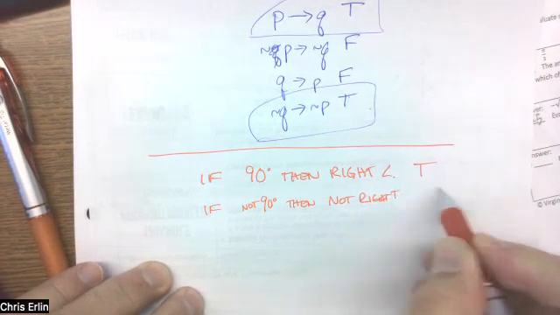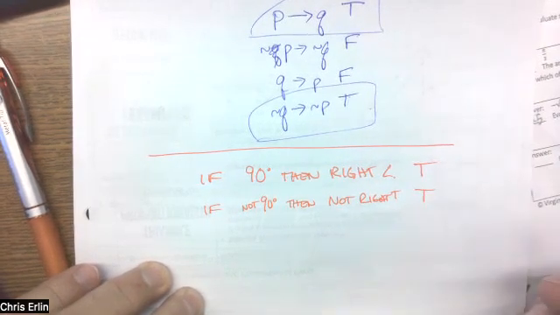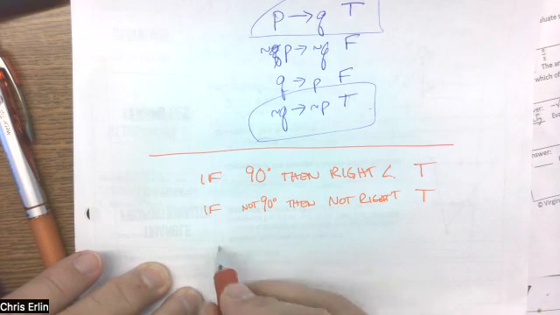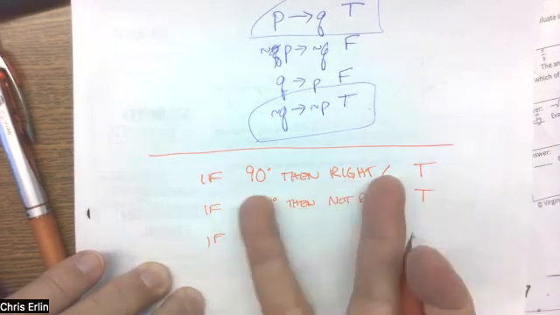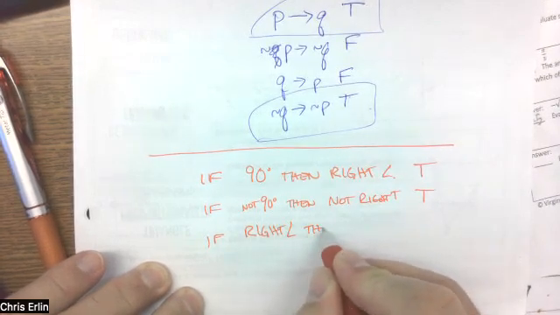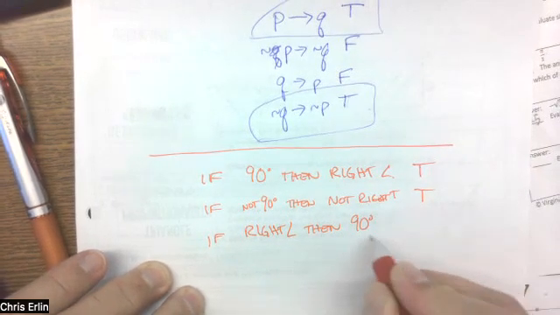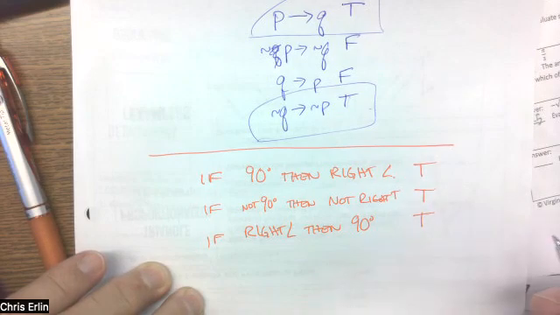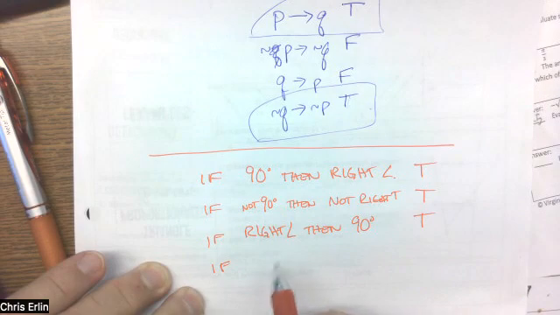True. That's also true. Now let's do the converse. If it's a right angle, then it's 90 degrees. True as well.